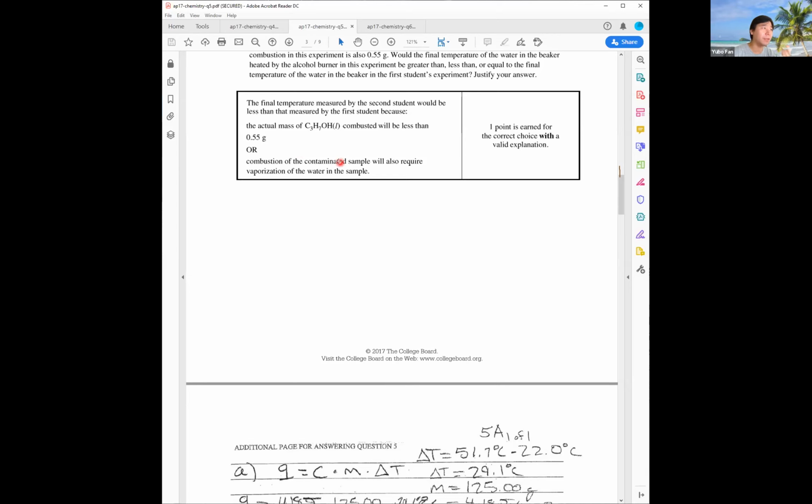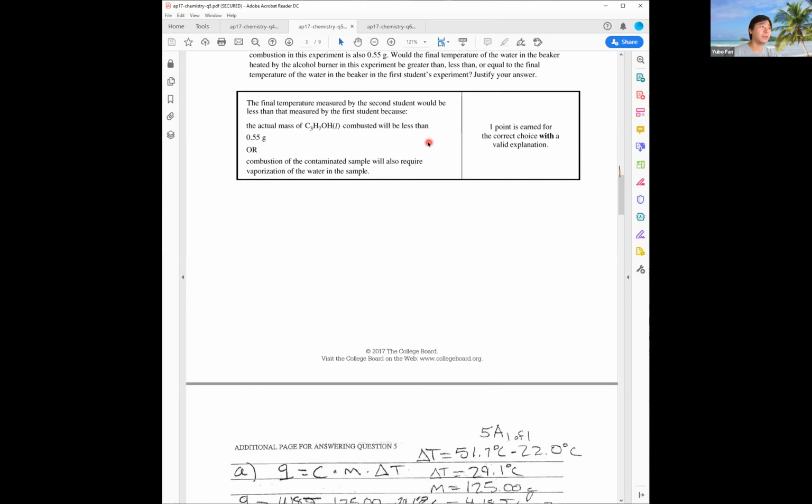So the second explanation is that part of the heat released by the combustion will be absorbed by the water to vaporize with it. Okay, so my bad, I apologize. So the answer is still good. But here I think you choose the first one.